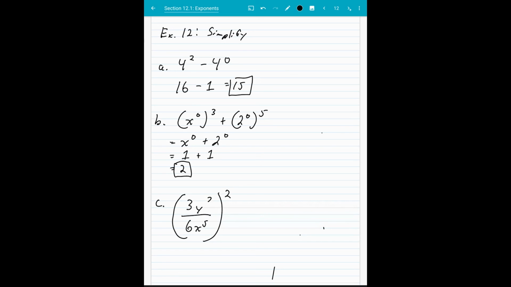Now, we could choose to evaluate some stuff on the inside, or we can distribute this exponent to every single thing on the inside. So that's what I'm just going to do to make it a little easier. We can distribute every single thing on the inside. So this would become 3 to the second power, y to the 14th power, over 6 to the second power, x to the 10th power. Have to multiply all of the exponents.